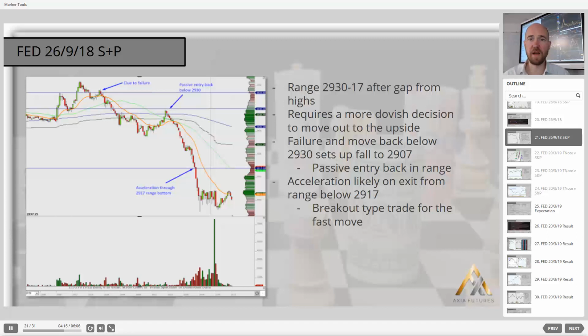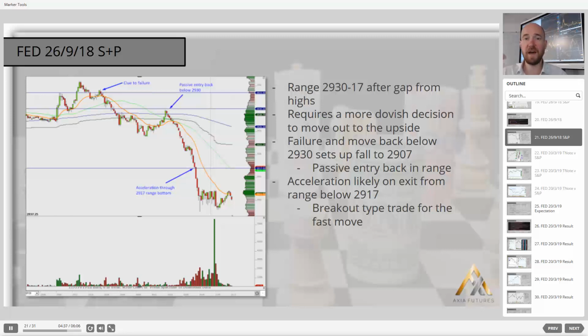It's all about, with these continuation type trades, assessing where your access point is, choosing a point where you realize that the continuation move is now on. The market perhaps has tried a move higher and failed. In this instance, you get a clue to that failure when we can't get back above 33.5.